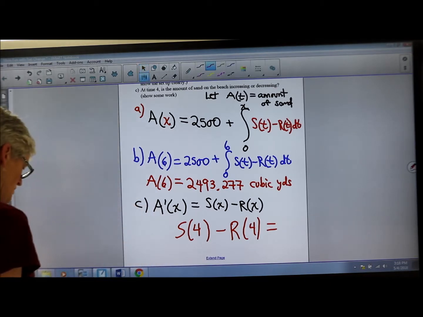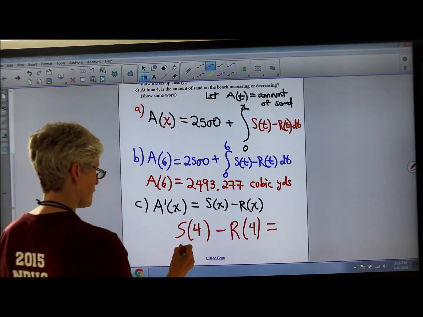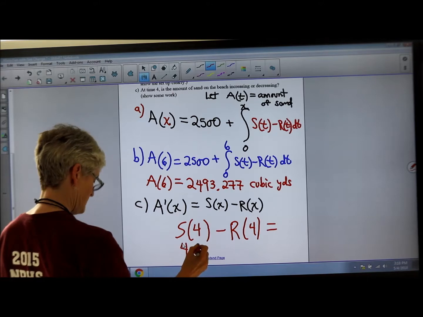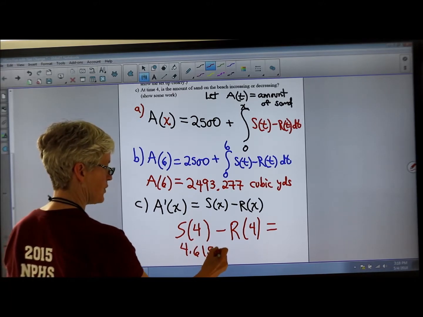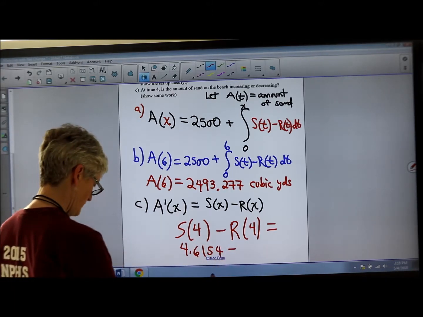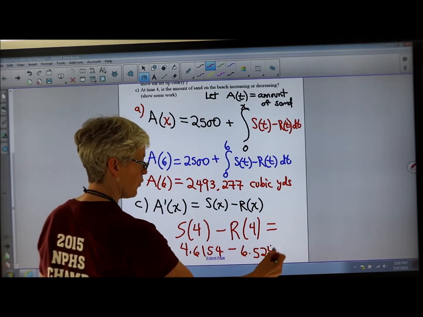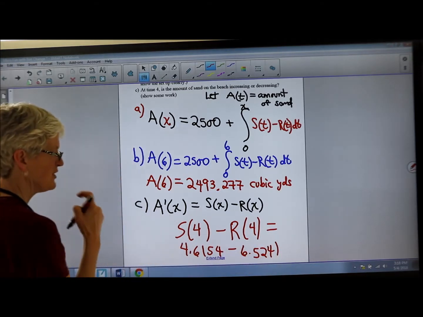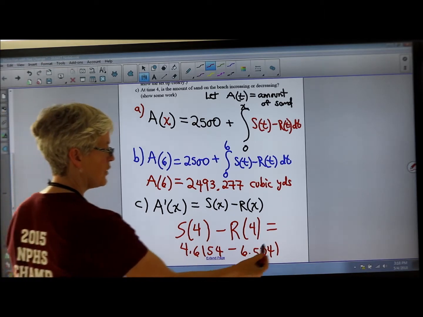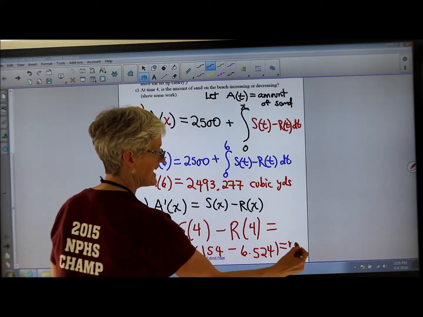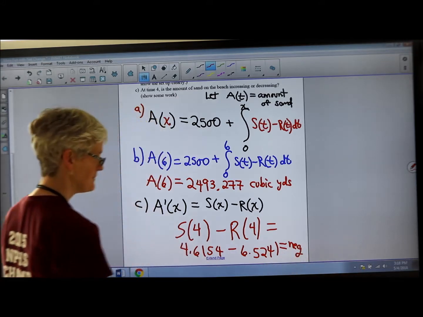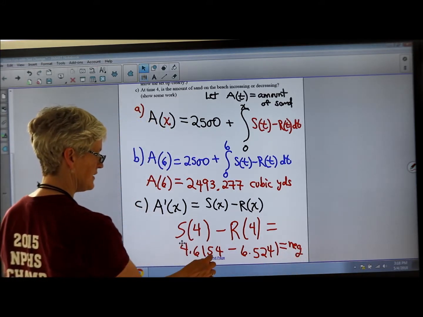S of 4 was about 4.6154. R of 4 was about 6.5241. Well, I don't even have to subtract them to know I'm going to get something negative, right? I'm going to get something negative here.